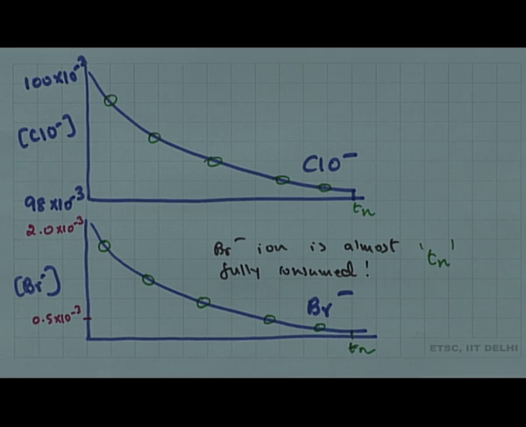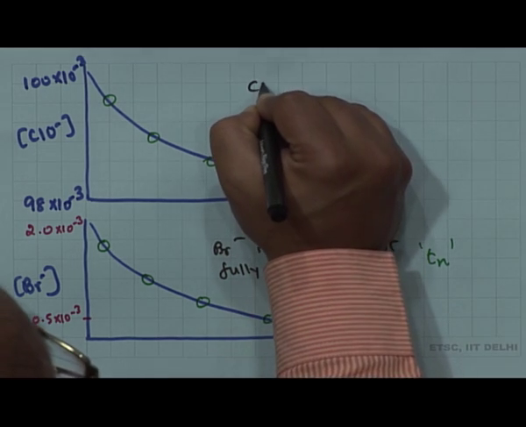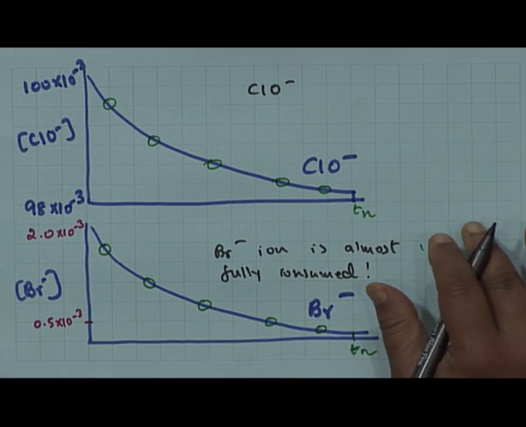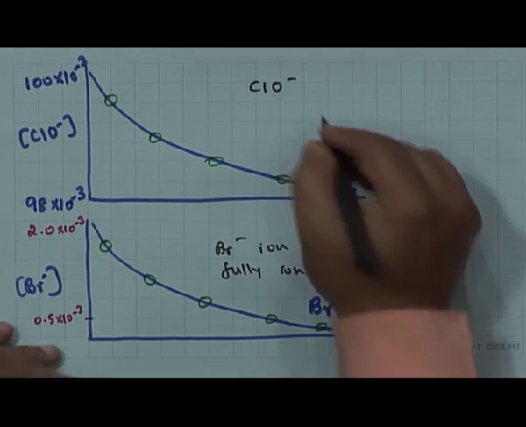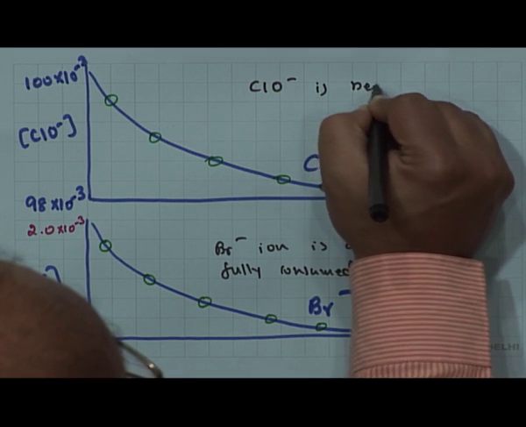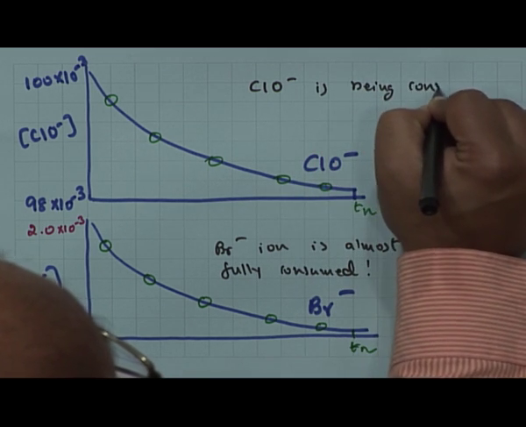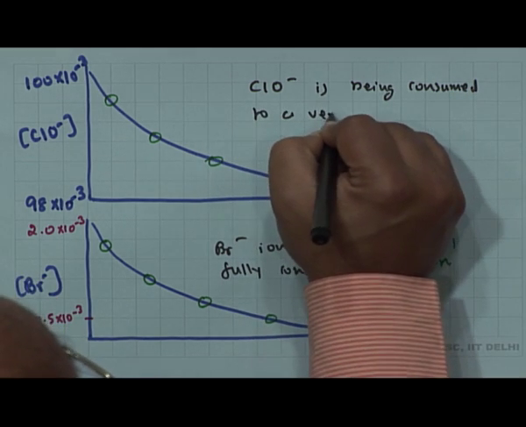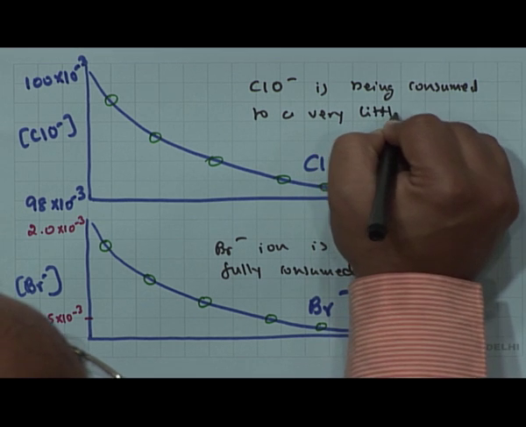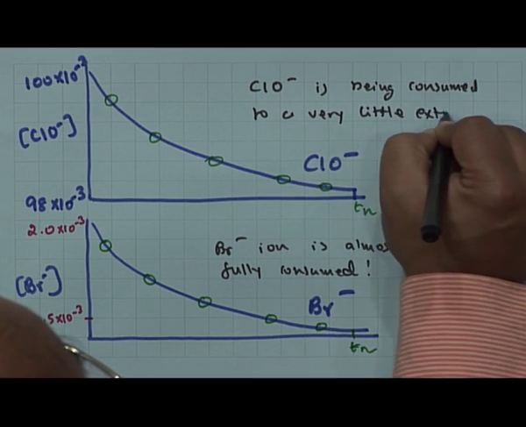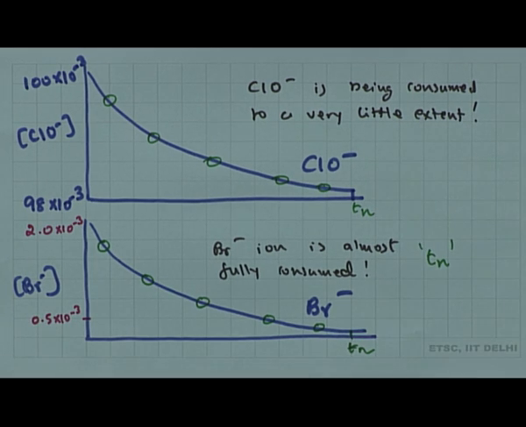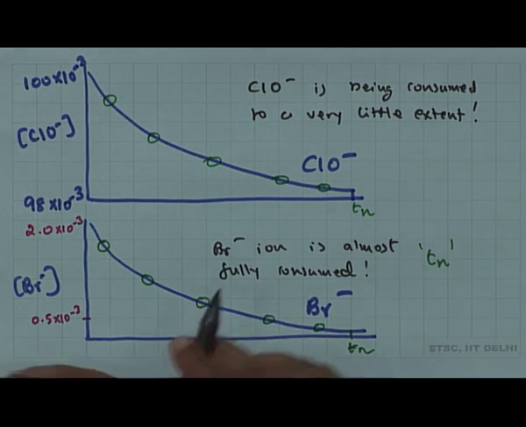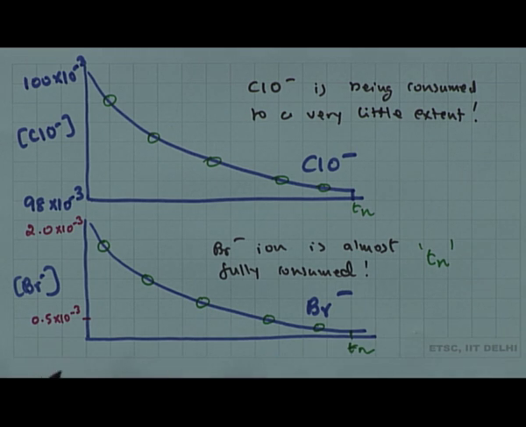However, the hypochlorite was in such large excess that we can write ClO minus is being consumed to a very little extent.